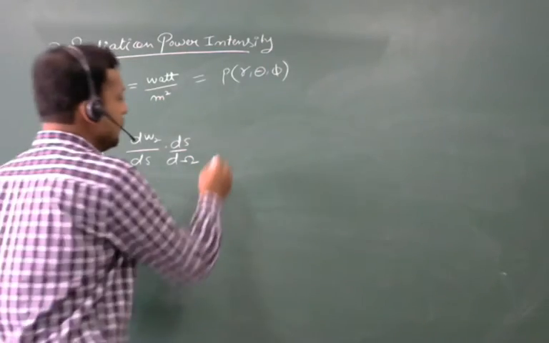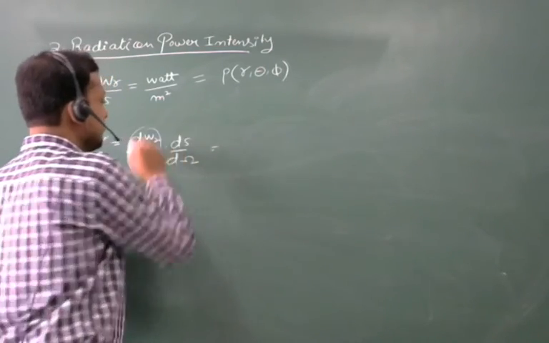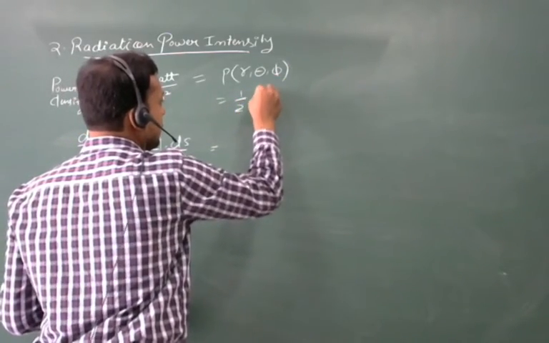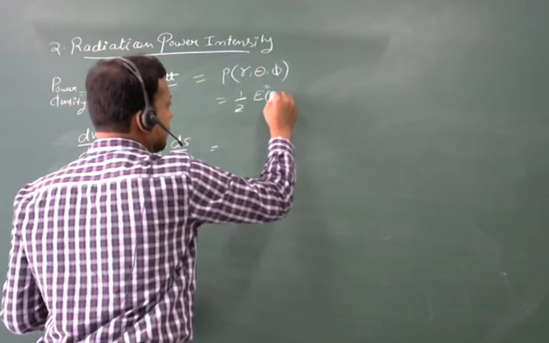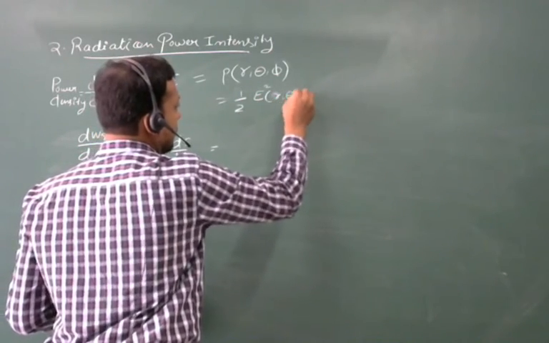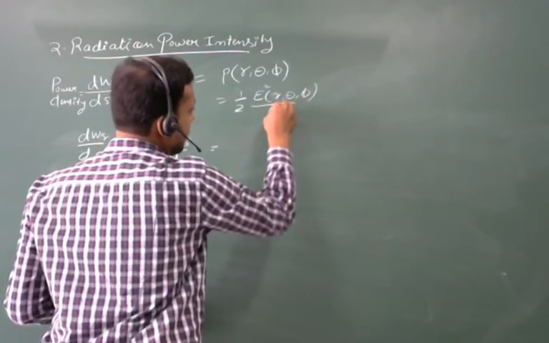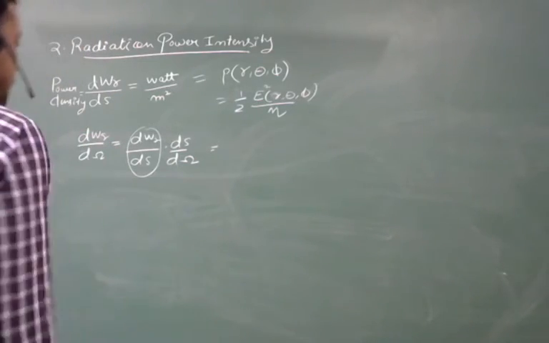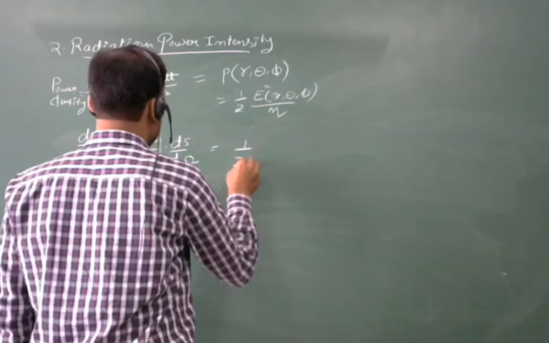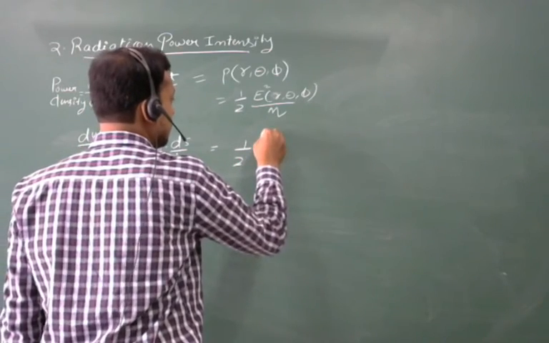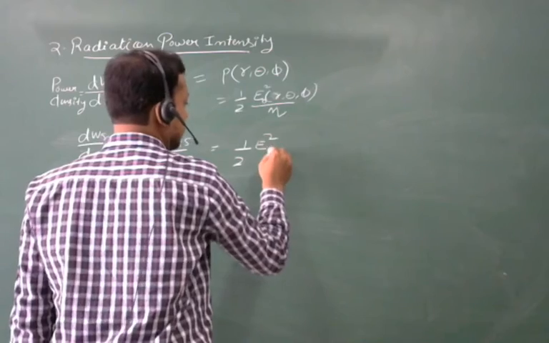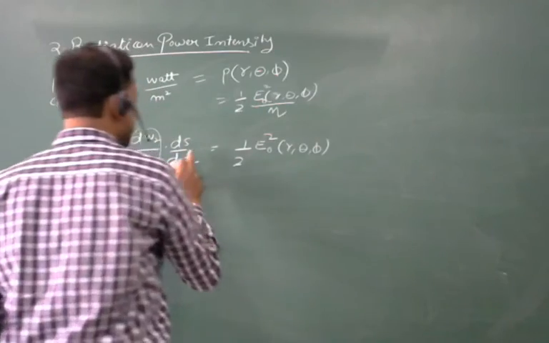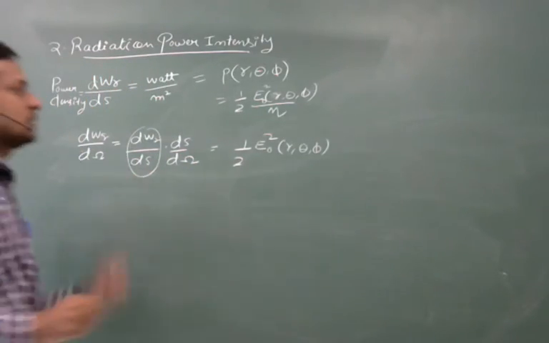If the power density is equal to 1 by 2 E square of r, theta, phi by the intrinsic impedance of free space eta, then this ratio ds by d sigma is r square.